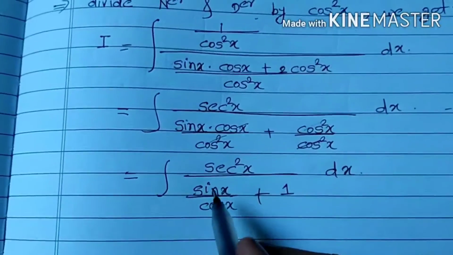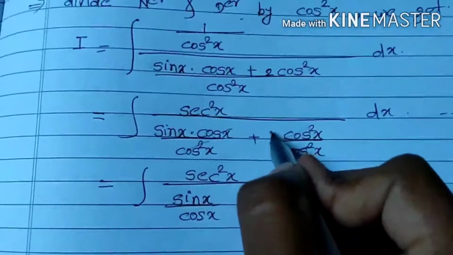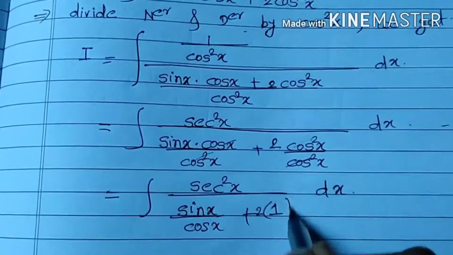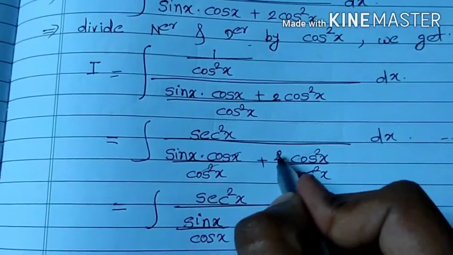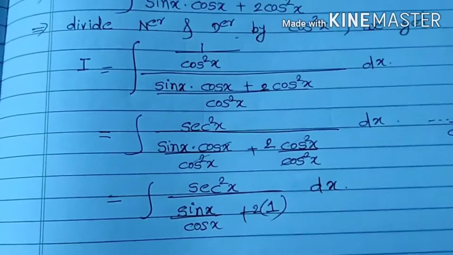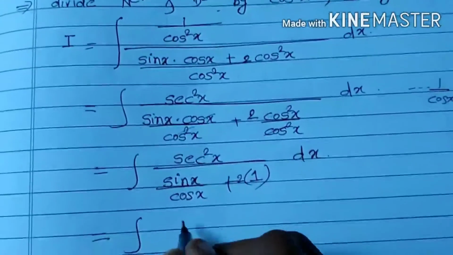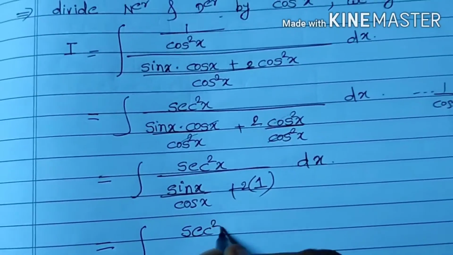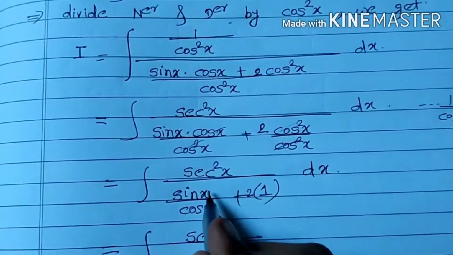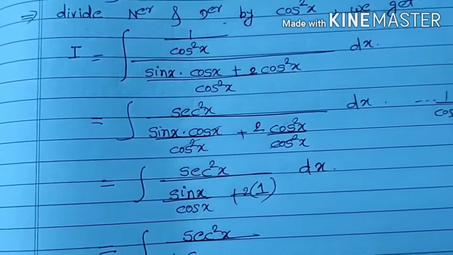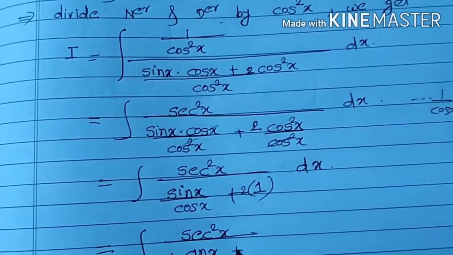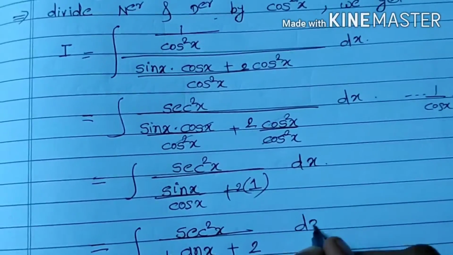And here is 2, so 2 into 1. Sec square x, we know that sin x upon cos x is tan x. So it is tan x plus 2 into 1 is 2 dx.